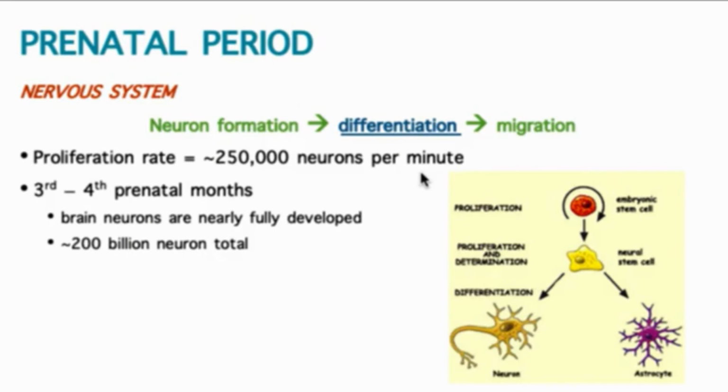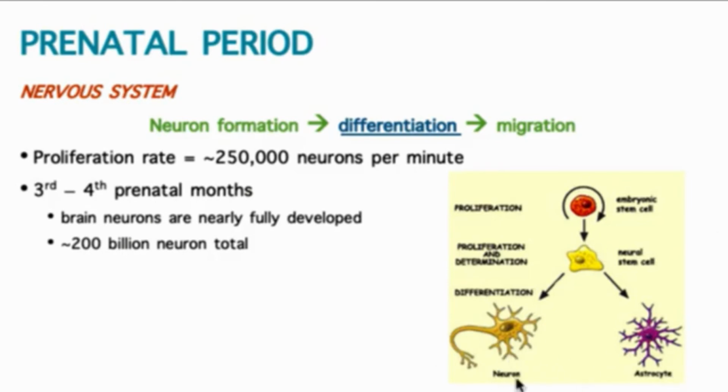If you think about how many minutes are in 40 weeks, which is the average gestational period, like multiply that number by how many minutes, and that's how many neurons you end up getting, which is nuts. It's absolutely crazy, right? We have all of these neural stem cells that are proliferating and multiplying, and then all of those proliferated cells are going to differentiate into different types of nervous cells.